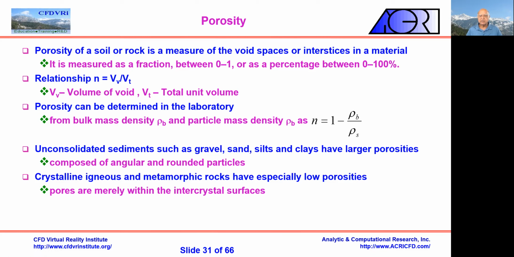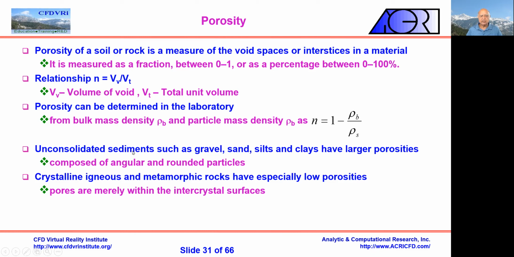So it can be determined in the laboratory, okay, from what we call a bulk density and a particle density. Particle density is the density of the actual rock, and bulk density is the density of the mixture, okay, rock and water, or rock and air.